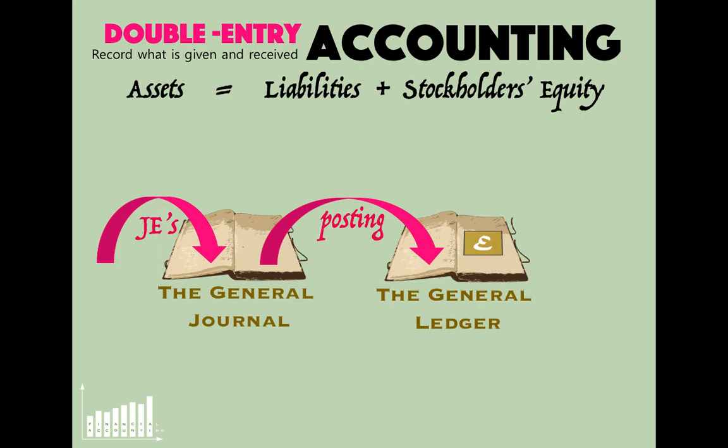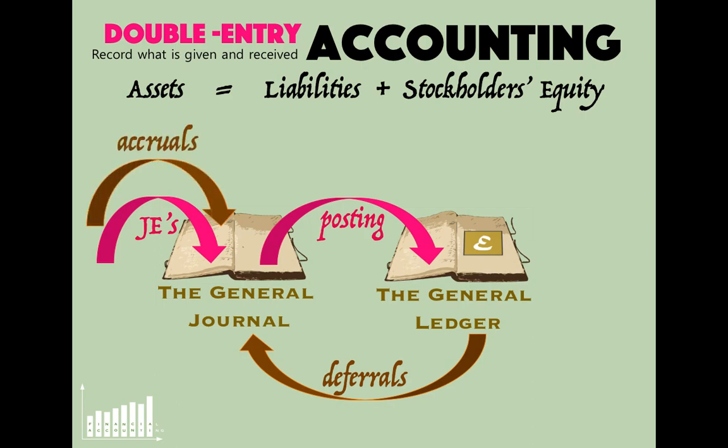However, sometimes, because of revenue and expense recognition, we have to make some adjustments to these numbers at the end of the period. Some of those adjustments are required because of where the elements stand at the end of the period. We call those deferrals. Some of these adjustments are needed because the elements are not quite up to date or complete by the end of the period, and we have some accrual journal entries to make.